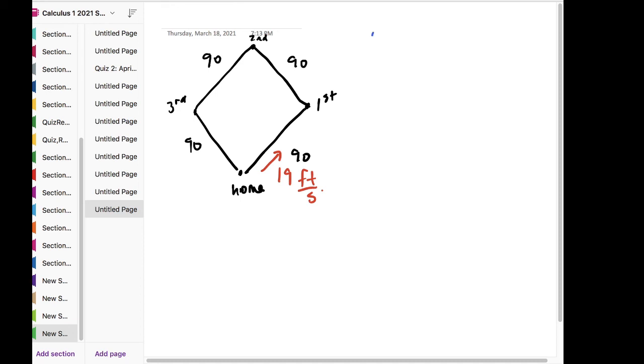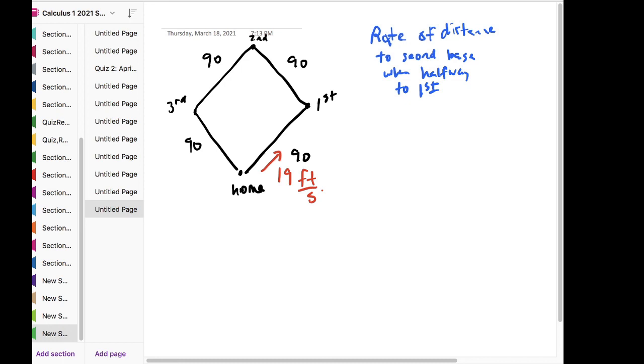what is the rate of distance to second base when halfway? Okay, that's the question. So what is the rate of the distance to second base when halfway to first?